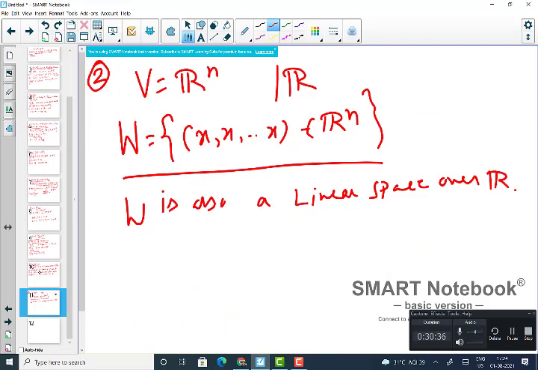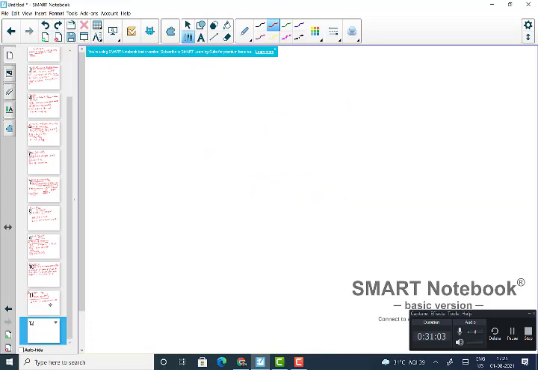For example, maybe the first entry is 0. So A11 is 0. This will again be a subspace, because if A11 is 0 and we add two such matrices, again it will be 0. And multiply by a constant, it will be 0, right? So for whatever vector space we have done an example, we can have subspaces.